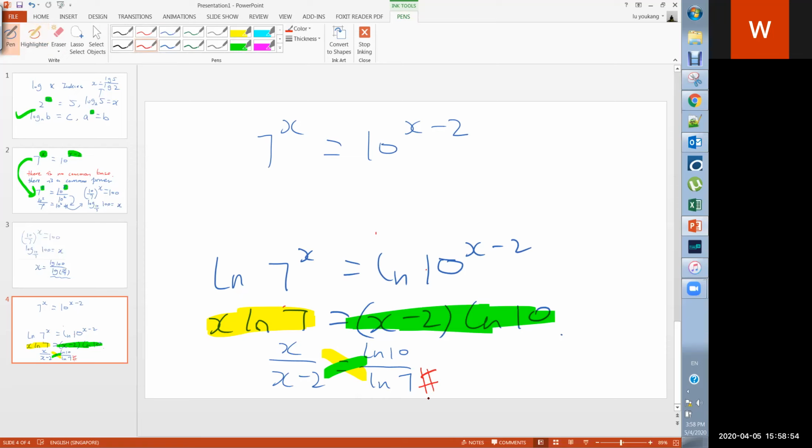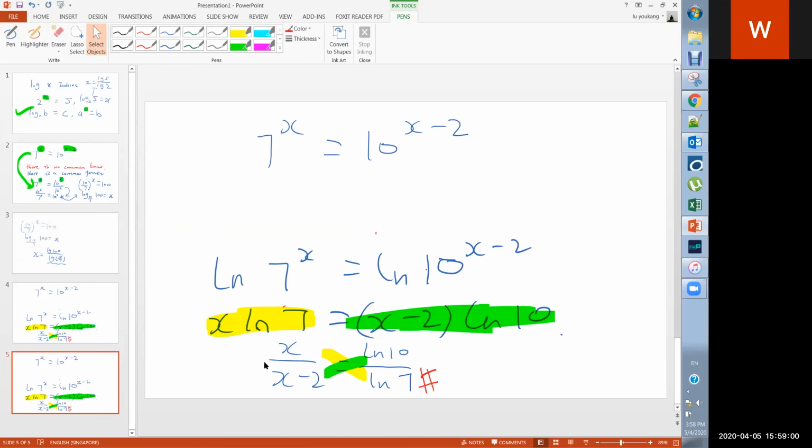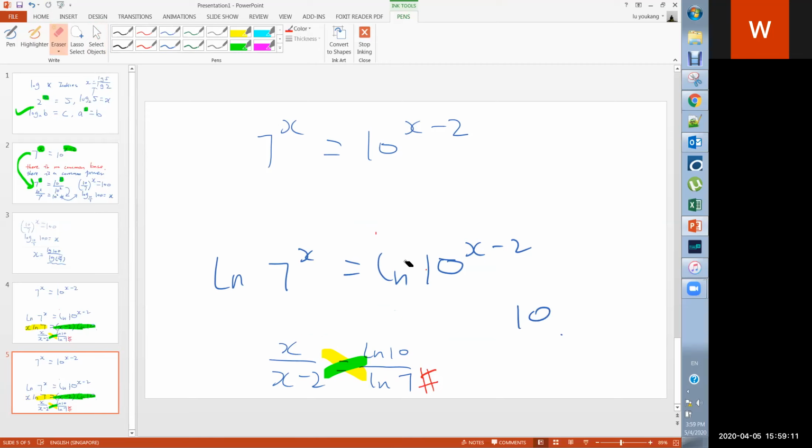Why? Because this question is now reduced to simple math. Am I right or not? Right. So that's how you should continue to solve it.